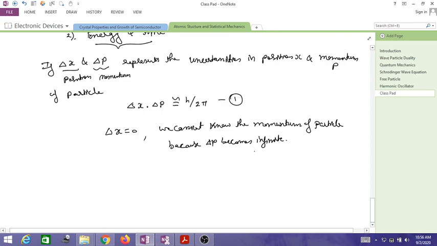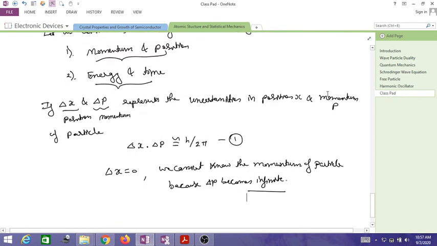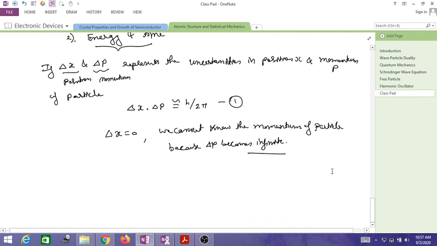Both cannot be zero. That is why this is the first comparison between classical mechanics and quantum mechanics. If delta x becomes 0, then delta p will become infinite. That is what it means.